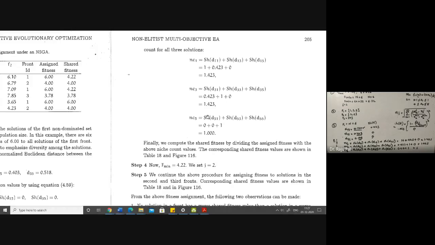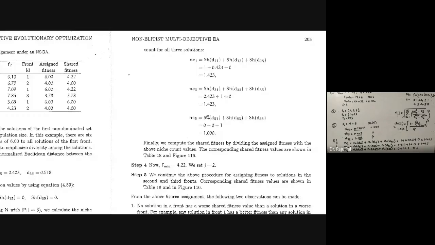Now we have calculated the niche count. After the niche count, we need to assign the shared fitness value, which is assigned based on the niche count only. Previously, for the first front solutions, the fitness assigned is 6, 6 and 6 for solution number 1, solution number 3 and solution number 5. All these solutions have the same fitness value.